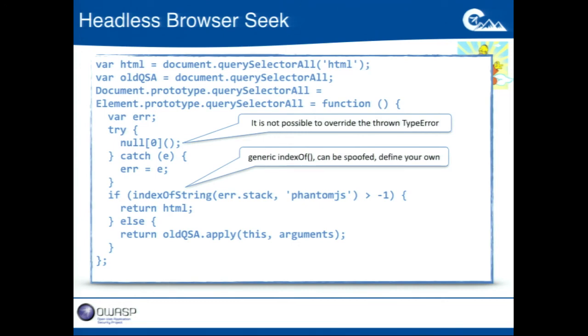In the else clause, we just call the original querySelectorAll if the execution environment doesn't look like Phantom. You cannot call it detection anymore; you can call it Phantom.js functionality disruption or something like that.